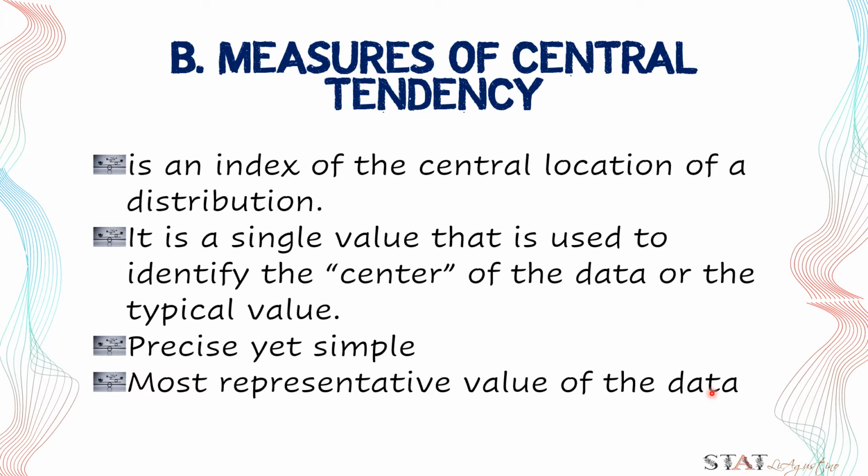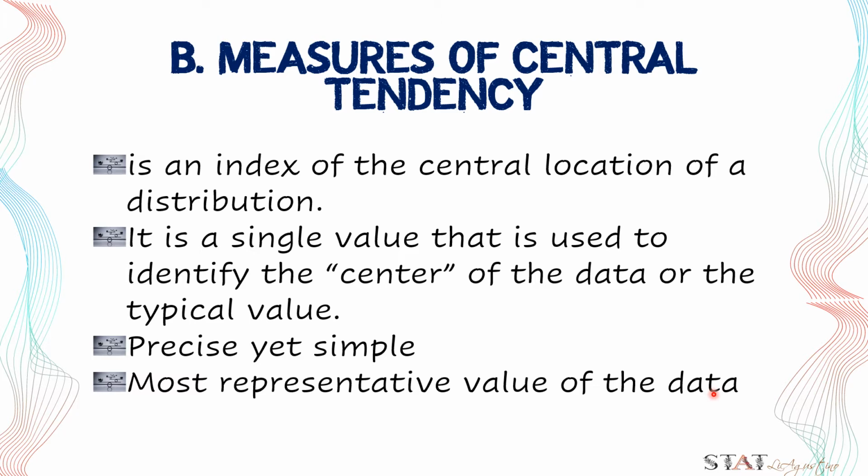Why do we need these measures of central tendency? For example, in your church data, what is the tithe of the people or the brethren in your church? You don't need to say this family 1 gives 10,000 per month, this family 2 gives 2,000 per month, this family 3 gives 3,000 per month, this family 4 gives 5,000.